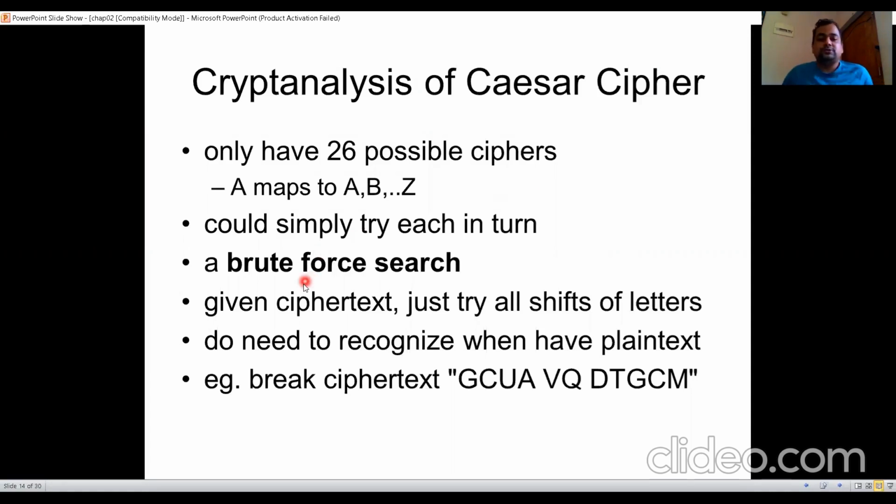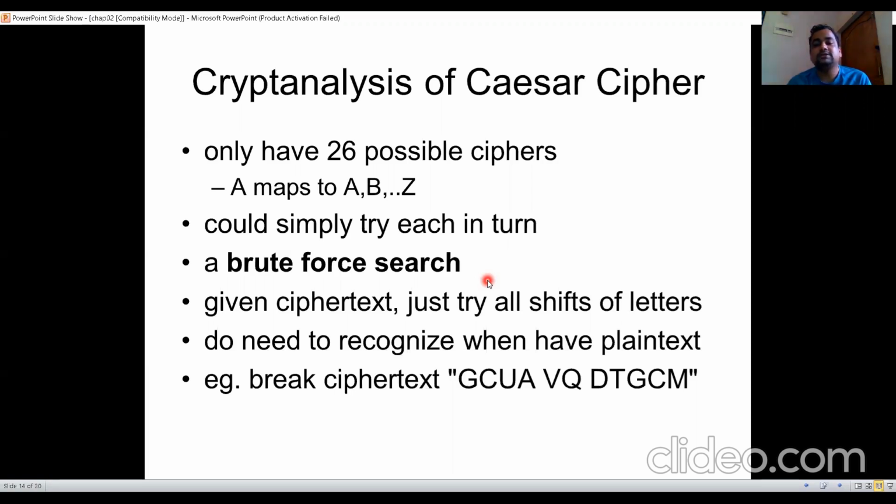Now, a brute force attack is possible. The brute force search is this: suppose a ciphertext is given, you subtract 1 from each ciphertext letter and check whether you get an original meaningful word or not. If 1 is not satisfied, check for 2, whether 2 is satisfied or not.